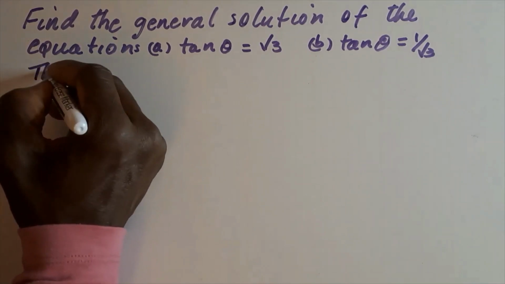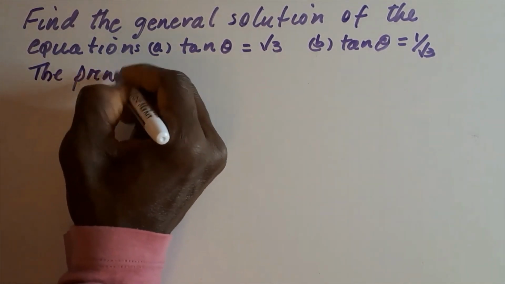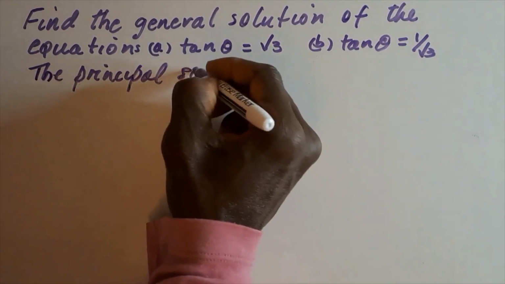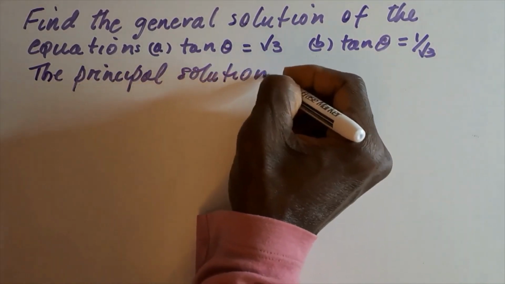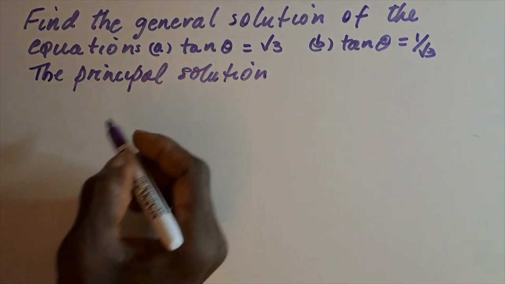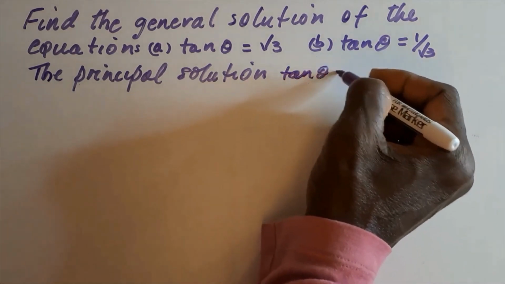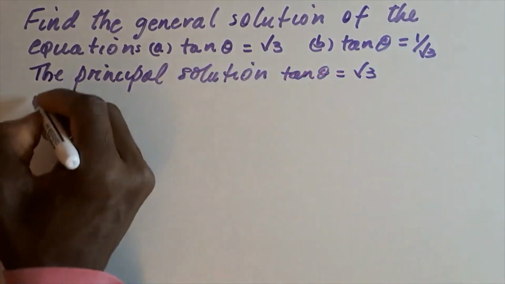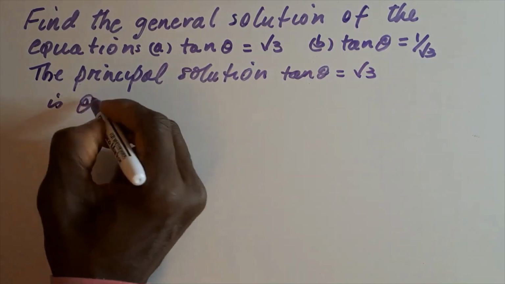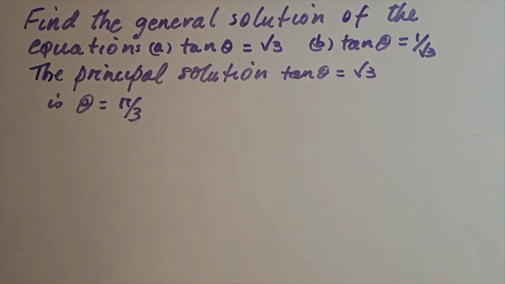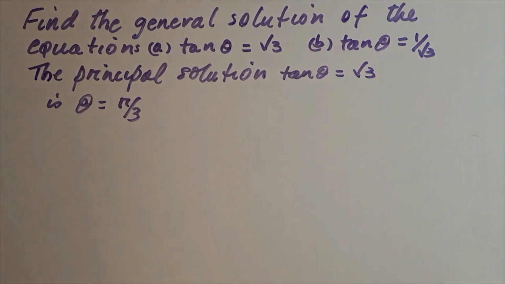The principal solution of tan theta equal to root 3 is simply theta equal to pi over 3. So if you do tan inverse of root 3, we'll get pi over 3, or 60 degrees.